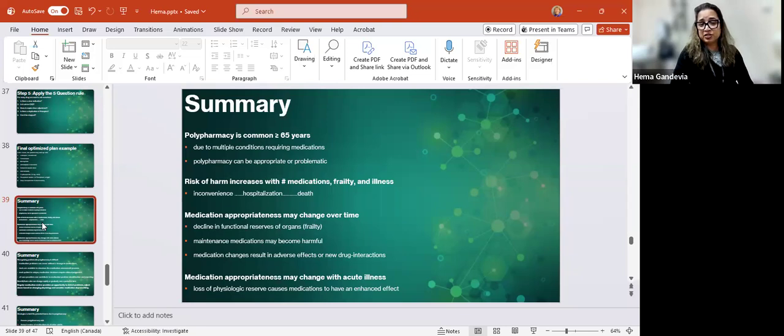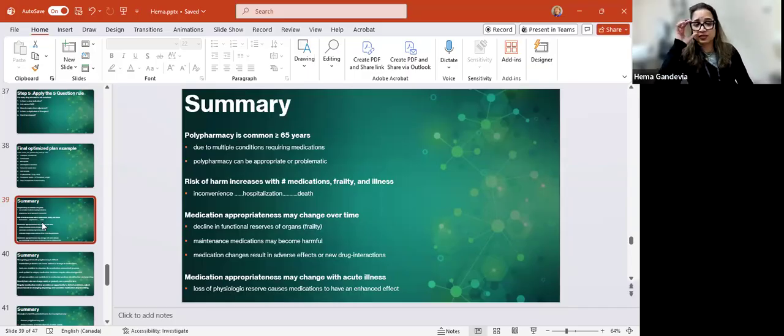Medication appropriateness may change over time. When our patients age, their frailty increases, their functional organ reserves go down, and maintenance dose medications may potentially be harmful. So we have to reassess and give them appropriate doses.